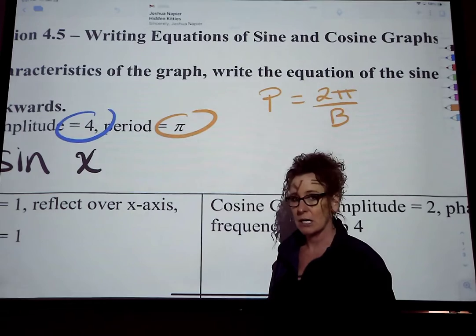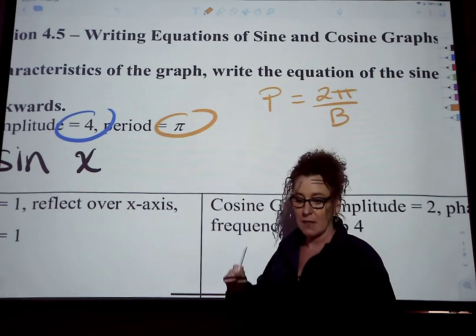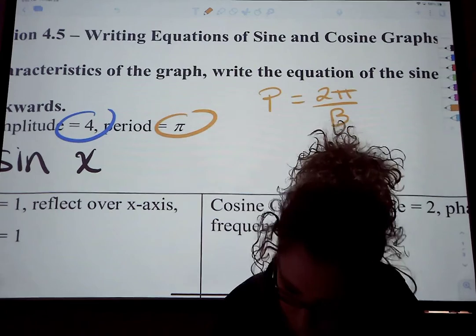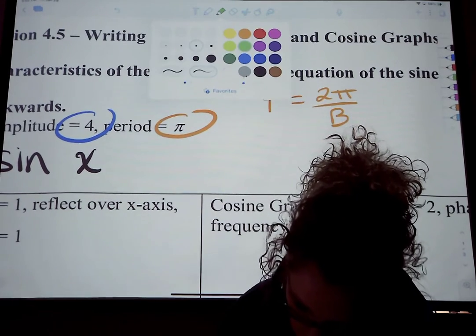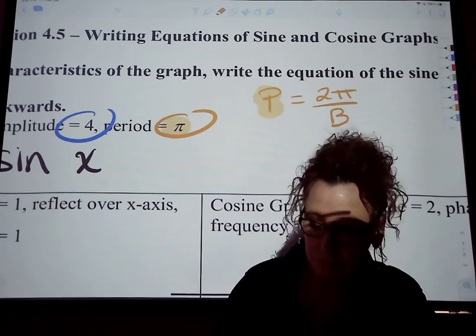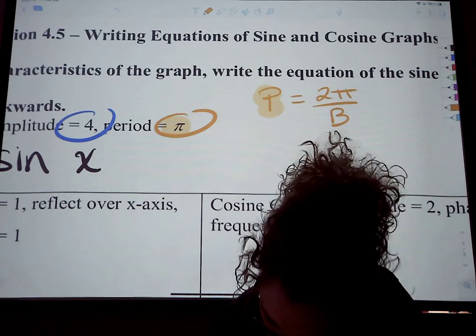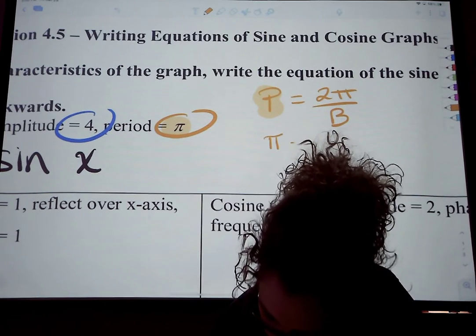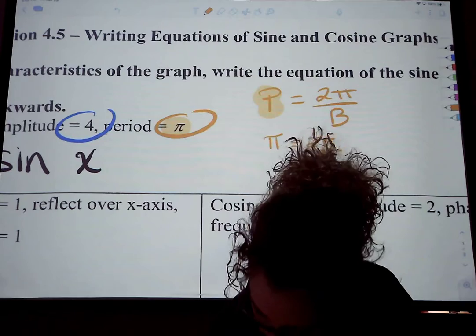We don't know b. We know p for period, so that goes here, and we're going to solve for b. I go pi equals 2 pi divided by b.